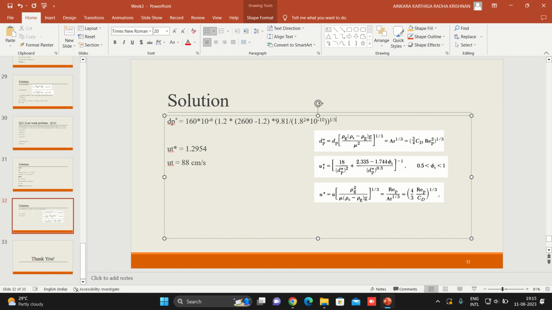What value would we be getting? Please substitute and let me know. It is 160 into 10 power minus 6 into 1.2 into 2600 minus 1.2 into 9.81 divided by 1.8 square into 10 power 10, whole power 1 divided by 3.